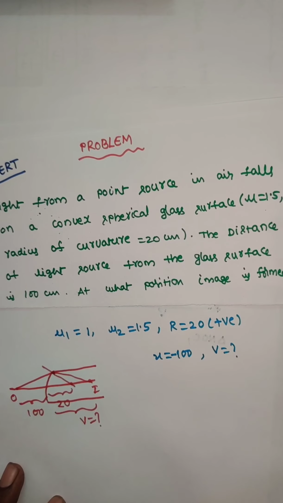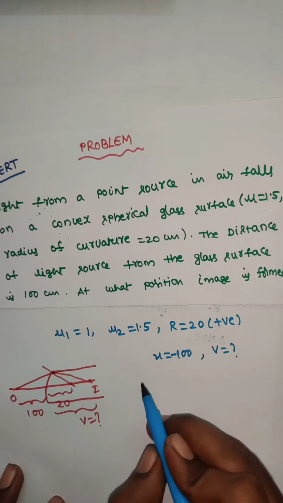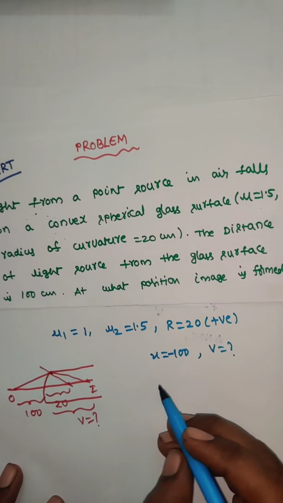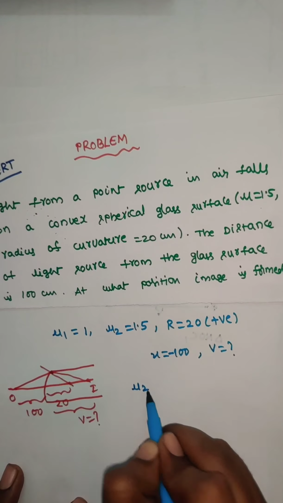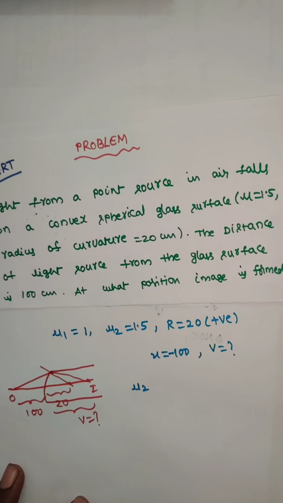We know the relation. When an object is placed in a rarer medium, the image is going to form in a denser medium.